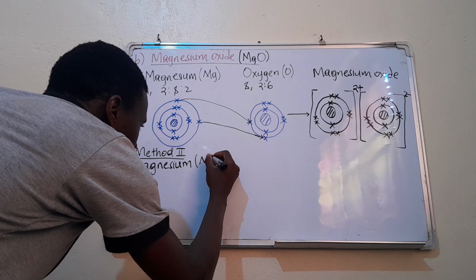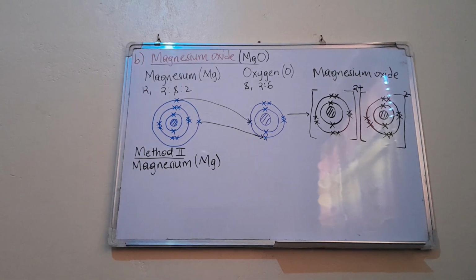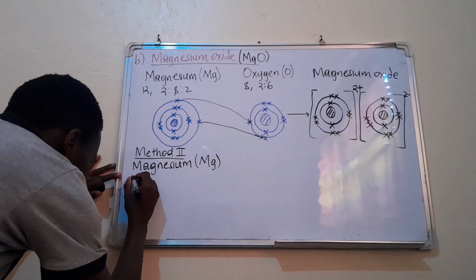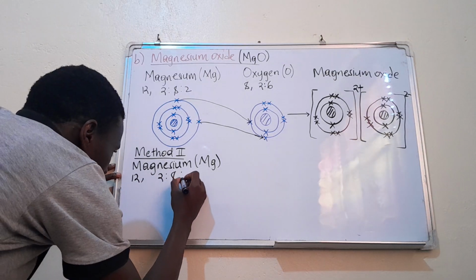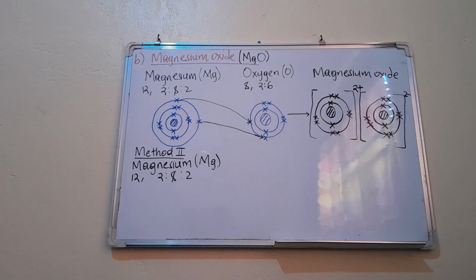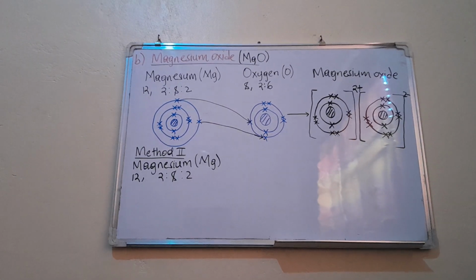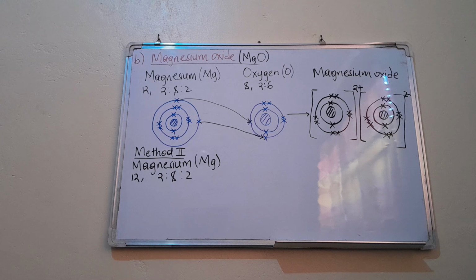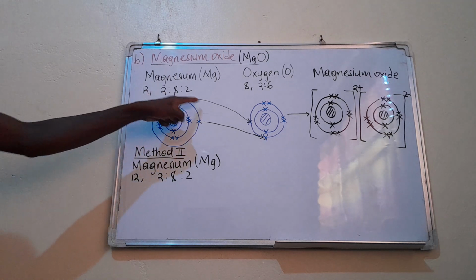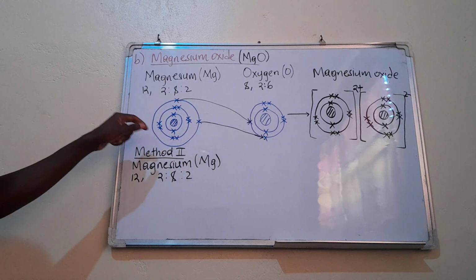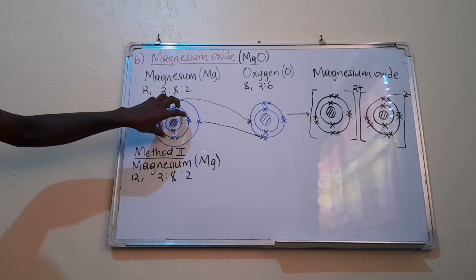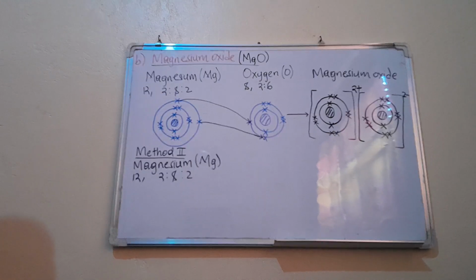Our magnesium, which is Mg, with the same electronic configuration, since it is element 12. During bonding, electrons in the outermost electron shells are the ones which participate in bonding. The ones which are inside don't participate in bonding.